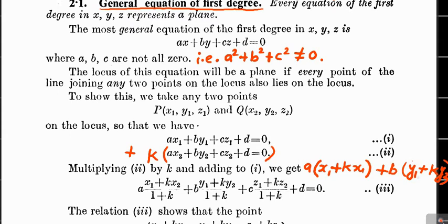Next term is plus c into z1 plus kz2, and the last term is plus d into 1 plus k. This is equal to 0.